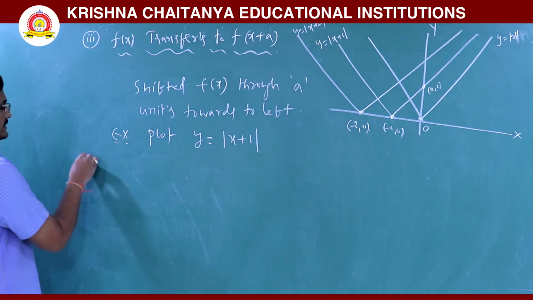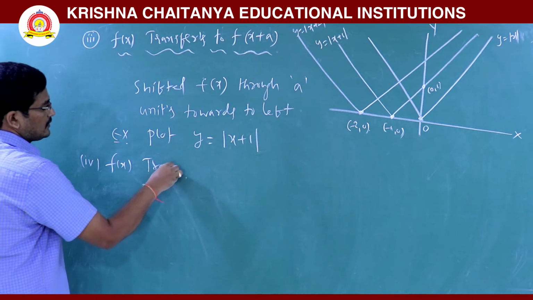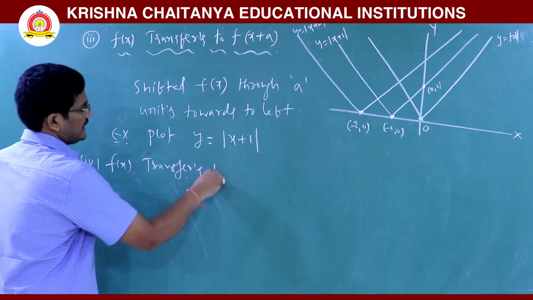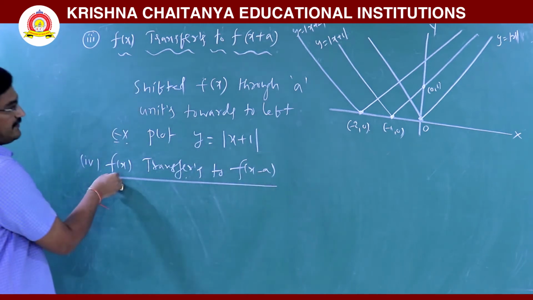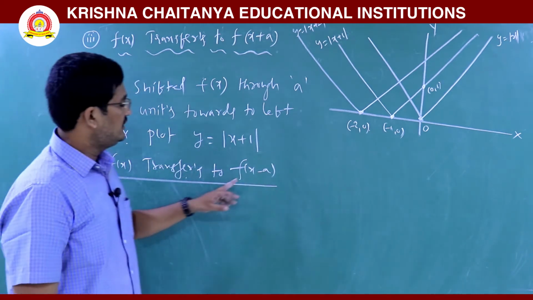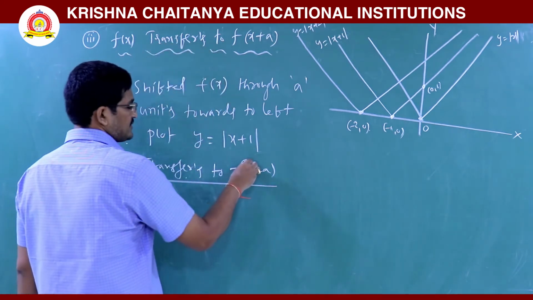The fourth one is f of x transfers to f of x minus a. We have to find f of x minus a.